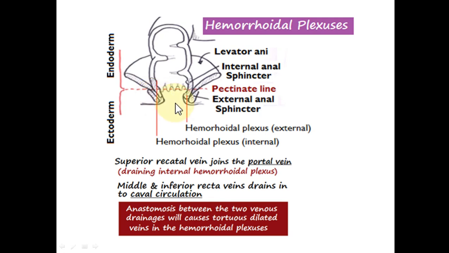When these anastomotic channels become tortuous and dilated, they form hemorrhoids. Hemorrhoids may be formed in the internal hemorrhoidal plexus, called internal hemorrhoids, or in the external hemorrhoidal plexus, called external hemorrhoids.